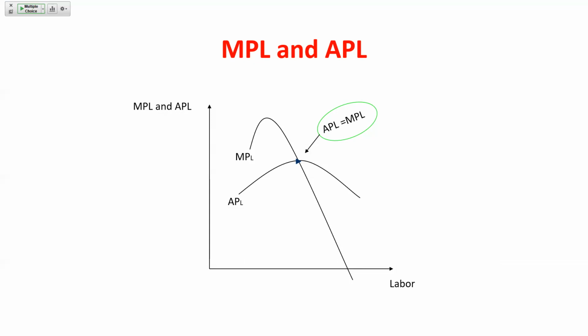It initially is increasing because of specialization, and the average should start at the same place. I don't know if that drawing depicts it right because it doesn't go all the way to the y-axis. But my average productivity of labor looks something like this.